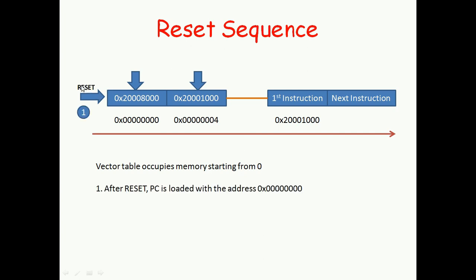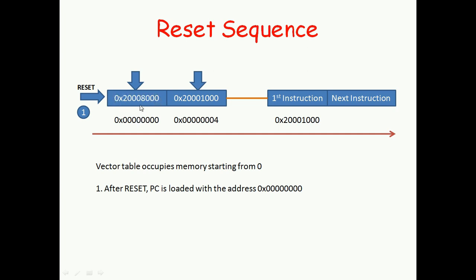Let's see. When an interrupt or exception called reset happens inside the system or any device, after reset, the program counter value is loaded with this address. Initially PC will have this address. After that, at that location we have one address written.